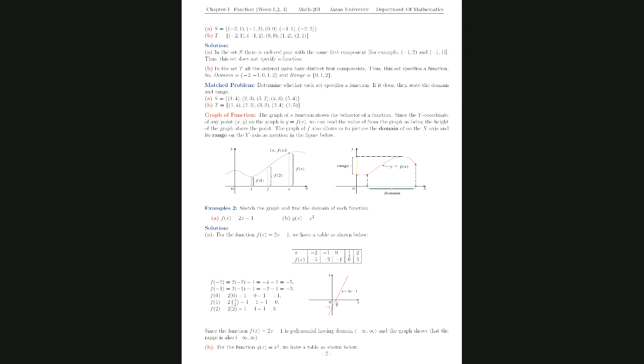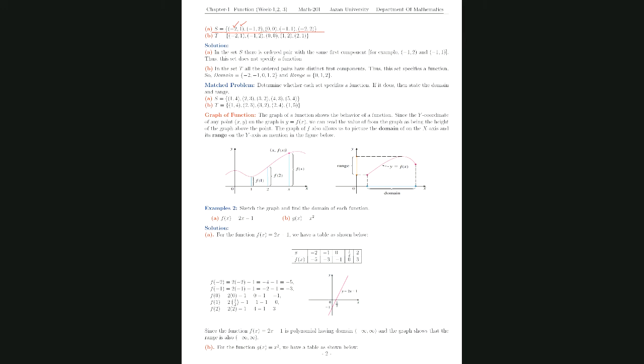See this example. This set S. Okay. So now look here in this set S. Look, this first element is the input, and the input connects to an output. -2 connects to output one. The first element is the input and the second element is the output, right?